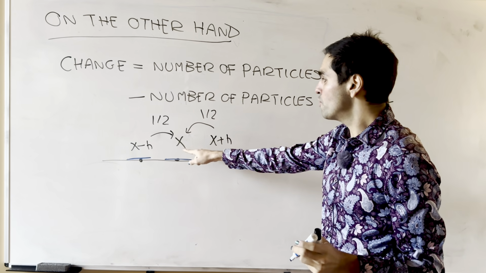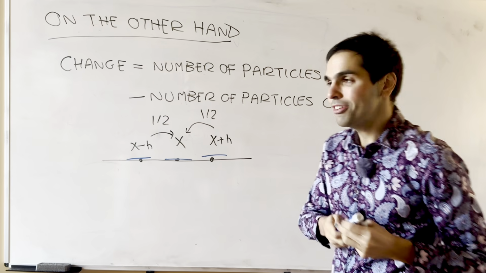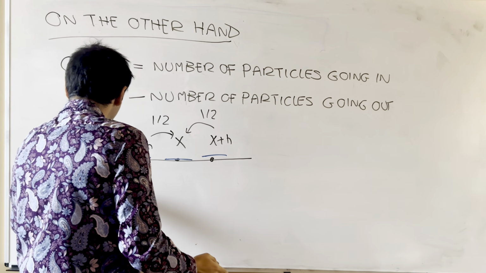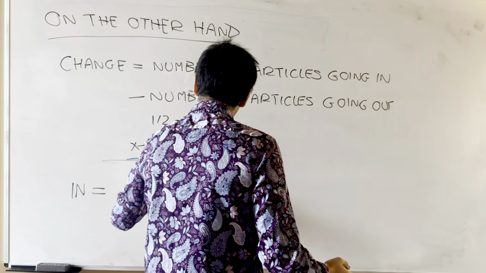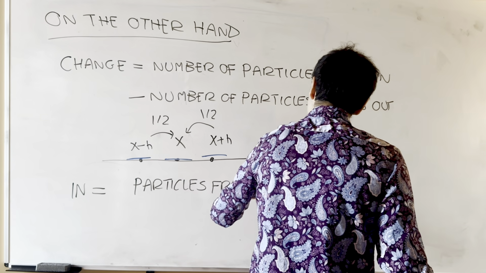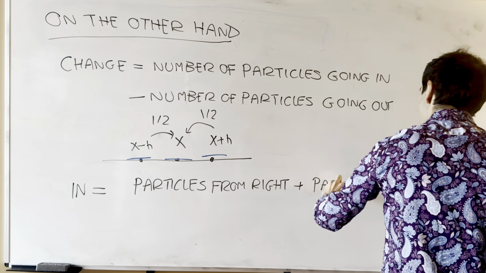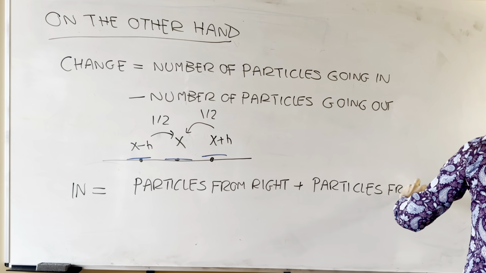So the two ways of jumping into X are either from the right or from the left. And so in would be particles from the right, and then plus particles from the left.